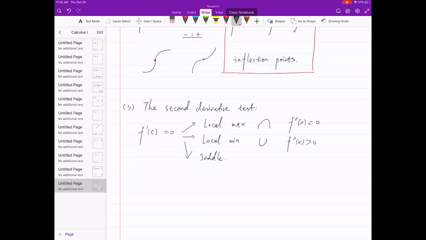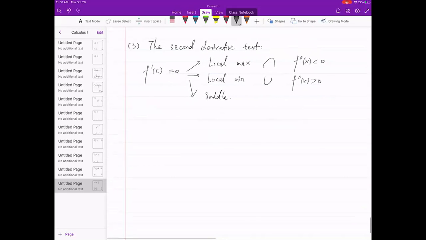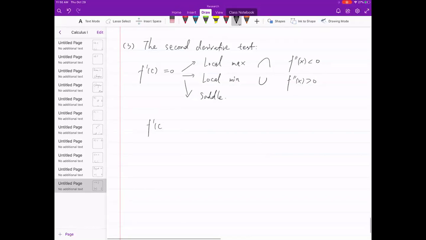Sounds good? Okay, so if it were me, I would just put a table here. If f prime c equals 0 and f prime prime x is less than 0, local maximum; greater than 0, local minimum.